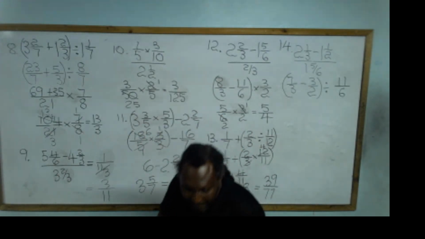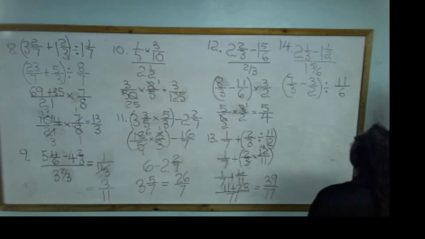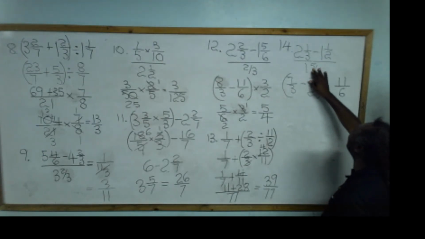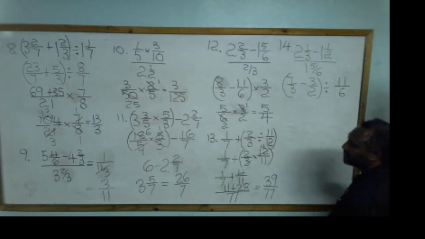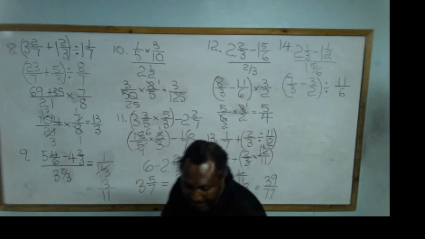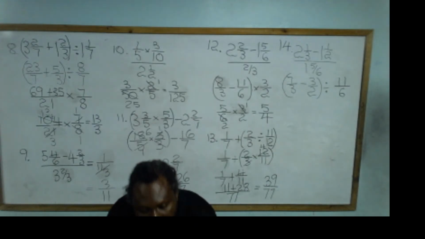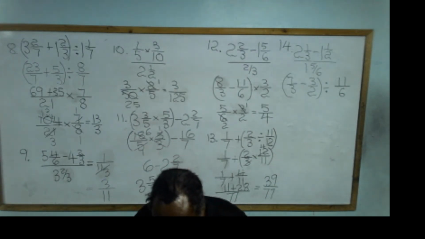I'm going to post them. 6 1s are 6 plus 5, 11 over 6. I hope that this is the one that you're speaking about. Is it that one? Yes, students, I'm going to post those.